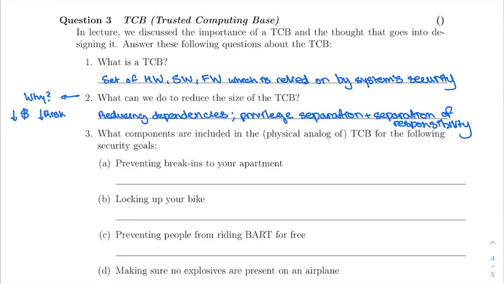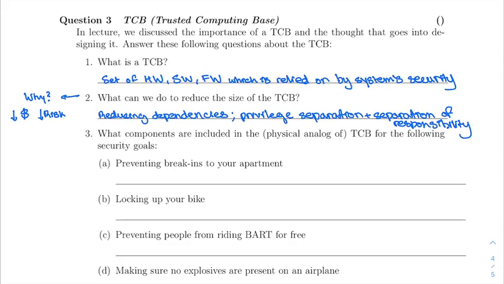As opposed to having one person that could compromise the whole situation, if you separate that responsibility among n people, and all n people need to come together to make this action happen, then in theory, if n minus one of them come together to do something malicious, it still won't break your security goal, since you just have a smaller chunk of that responsibility as part of your TCB.